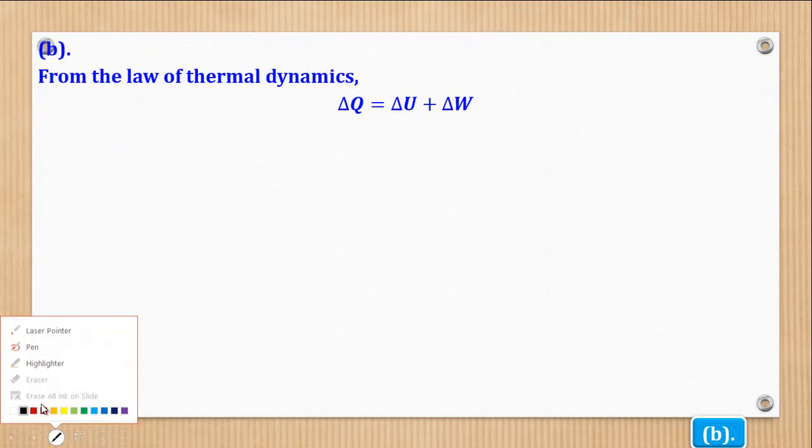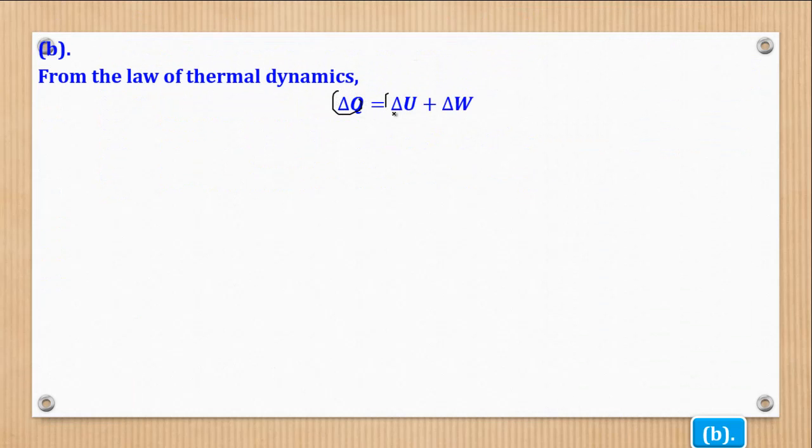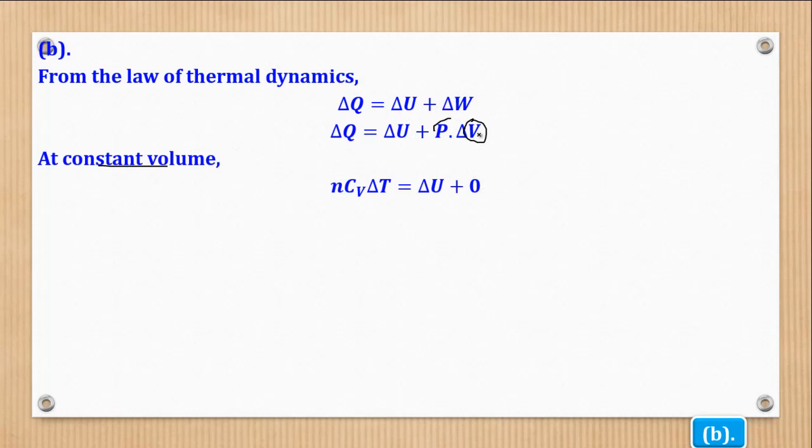So from the law of thermodynamics, that is what we have. Quantity of heat is equal to internal energy plus work done. So this work done is given by pressure times change in volume. So at constant volume, it implies that this one doesn't change, so the change is 0. That's why you have here 0, meaning that this is equal to internal energy.